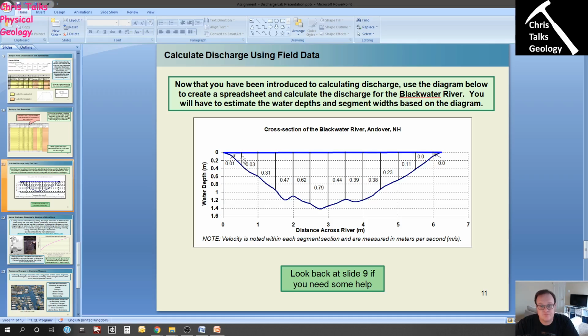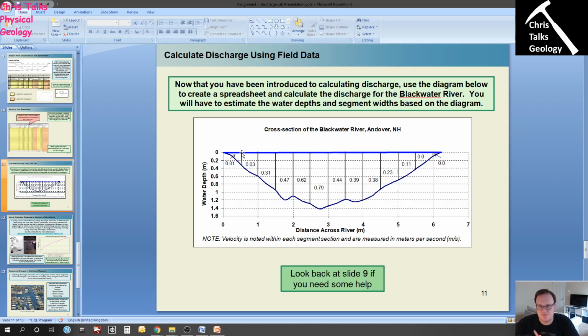So if we were calculating this first segment over here, obviously the depth on this side is going to be 0, and the depth on here is going to be 0.3. So our calculation to calculate the area is going to be 0 plus 0.3, divide that number by 2, and then multiply by the width, which is going to be 0.5. I do apologize.